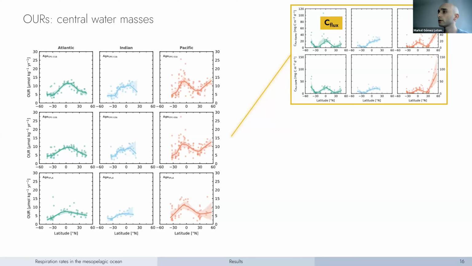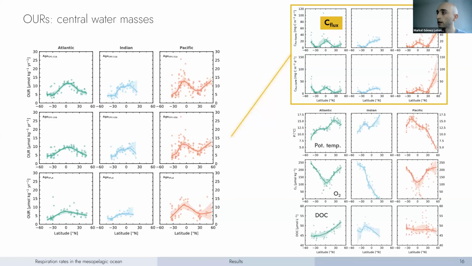And then we also wanted to highlight that, contrary to what we expected, within this specific layer there was not a significant relationship with potential temperature, which was surprising because, as a metabolic rate, respiration is also dependent on temperature, but here it seems that there's a stronger control by the carbon input that this layer receives.